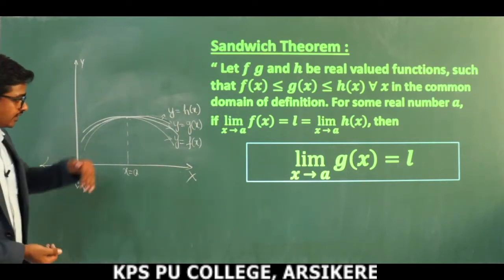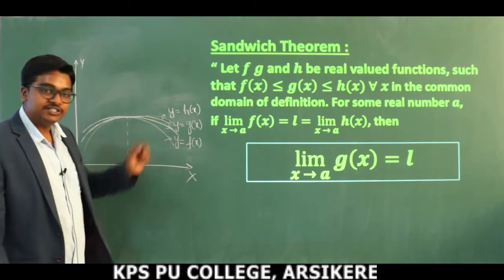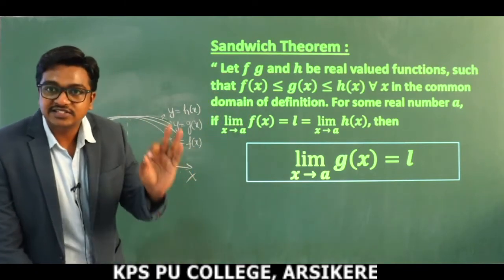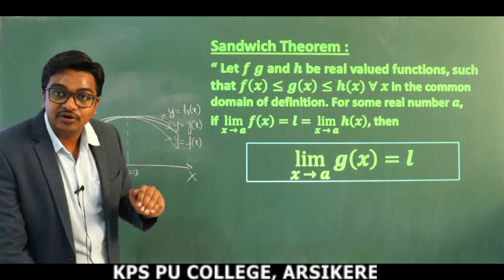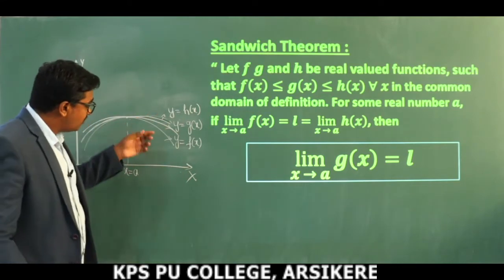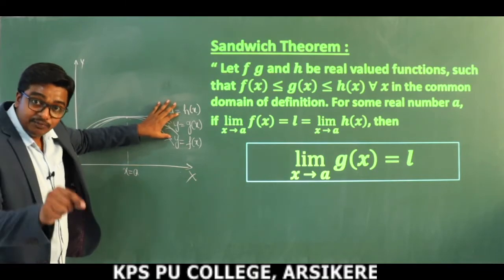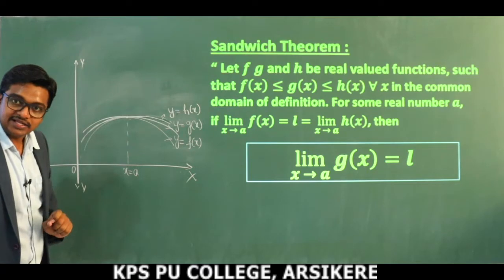Just observe here. f of x is below g of x, and g of x is below h of x. So obviously this satisfies the condition: f of x is less than or equal to g of x, less than or equal to h of x. And h of x and f of x have the limit L whenever x approaches a.